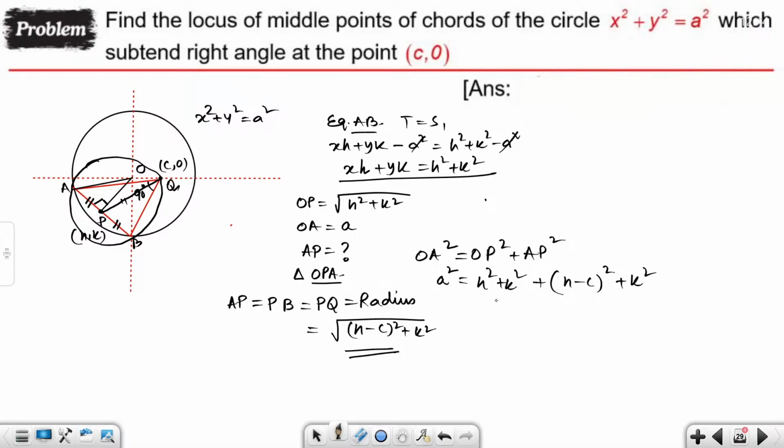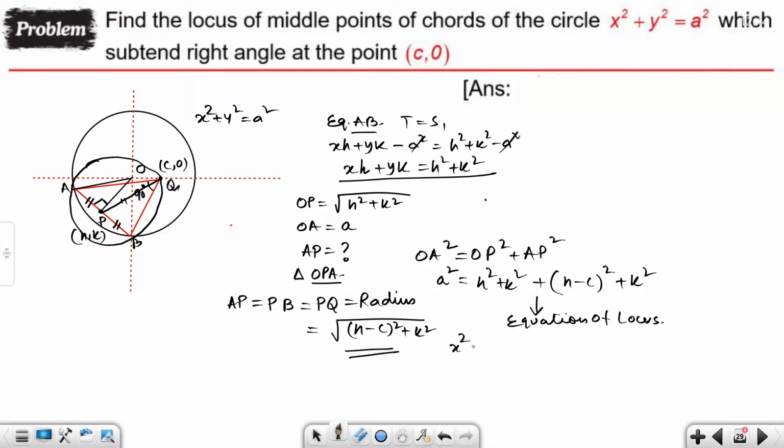Am I correct? Now here you got a relation between the constants and h and k. Hence, this is the equation of the required locus. Is it clear? And what is that?